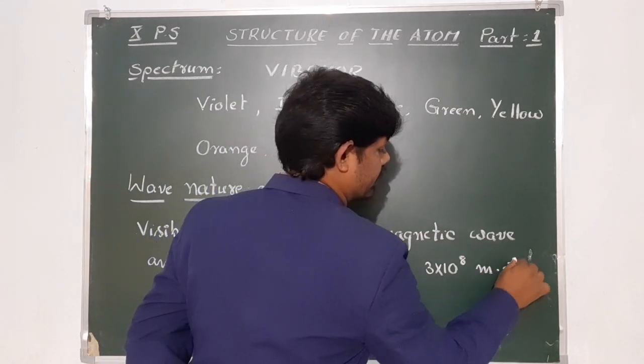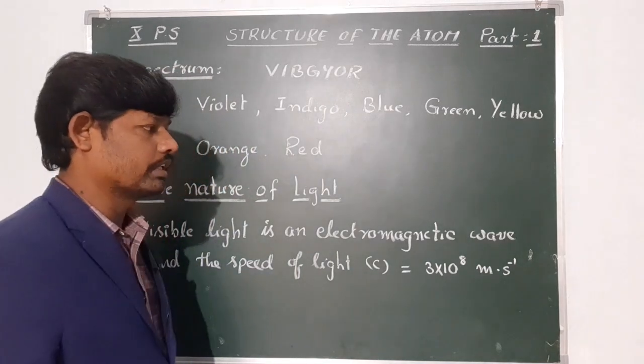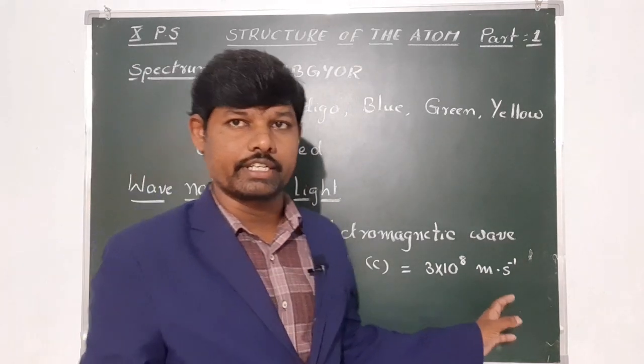Meter per second, you can write as m s power minus 1.